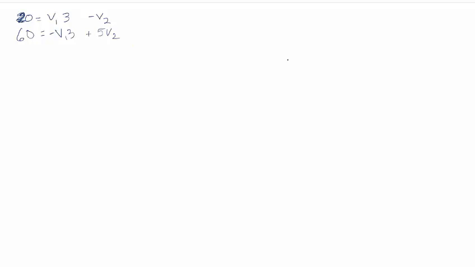So quick review of Cramer's rule. I can rewrite these 2 equations right here in matrix form. I look at the coefficients of the unknown variables. I have a 3 and a -1, and I have a -3 and a 5, and then my two unknowns are V1, V2, and that equals 20 and 60.